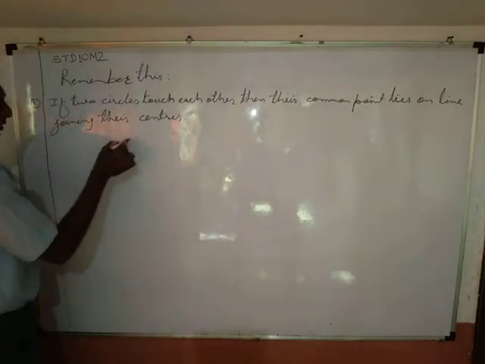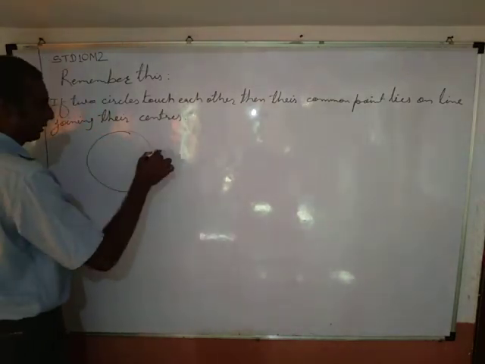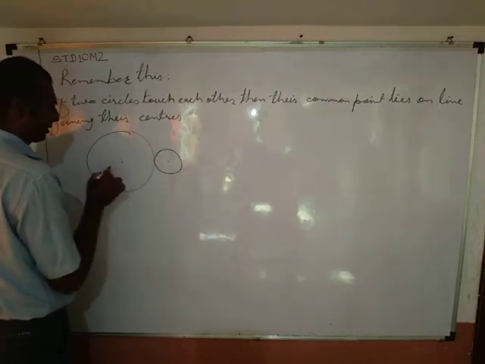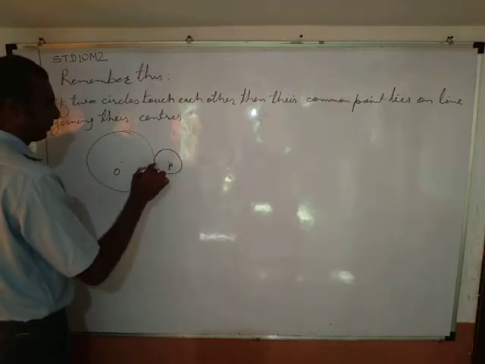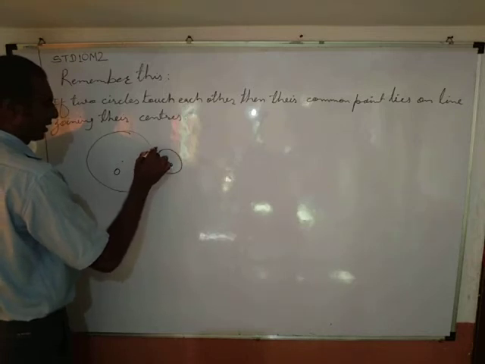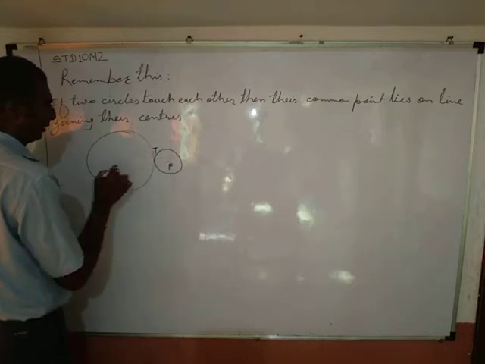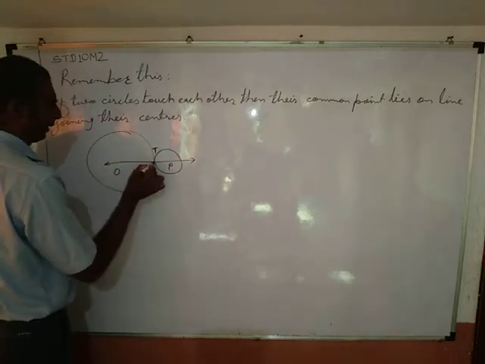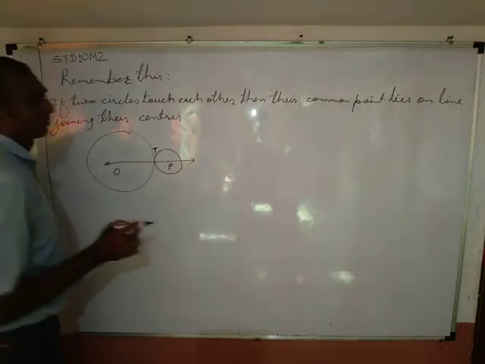Okay. If we consider a case of externally touching circles with centers O and P which touch each other at point T, we may note T lies on line OP.